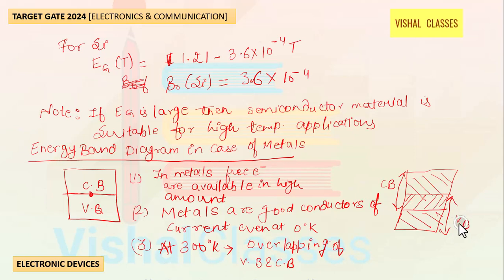These bands will overlap at 300 degree Kelvin, and this much is the conduction band and this much is the valence band. What will be the effect of overlapping?